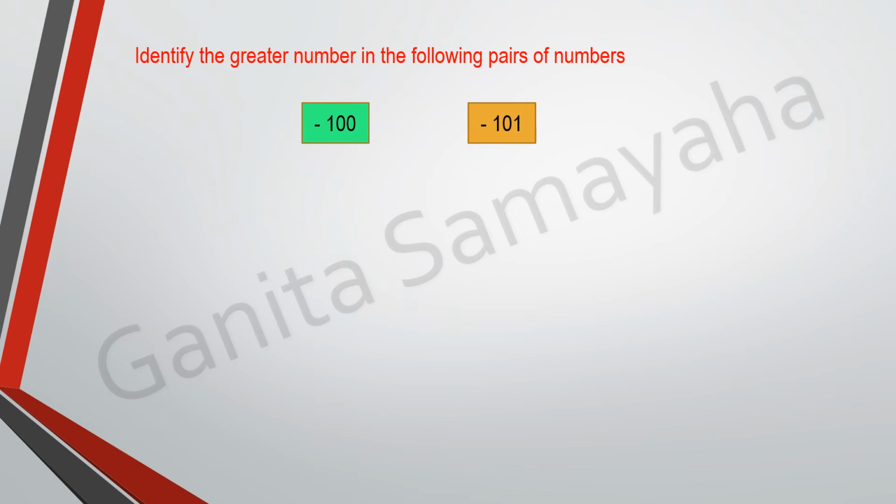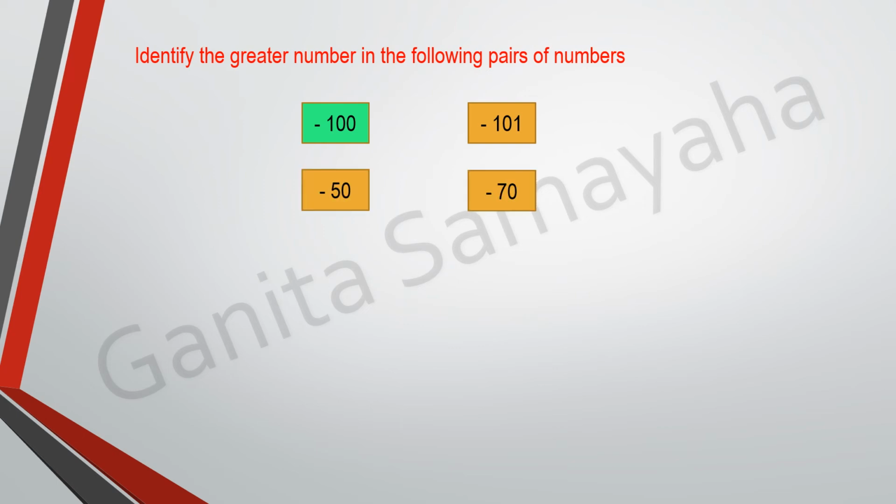Then if you see only the numerical, 100 is less than 101. So minus 100 is greater than minus 101. So these are the two ways with which you should analyze. Henceforth you should start logically analyzing mathematics. Only if you understand will you analyze. This is how you have to judge.